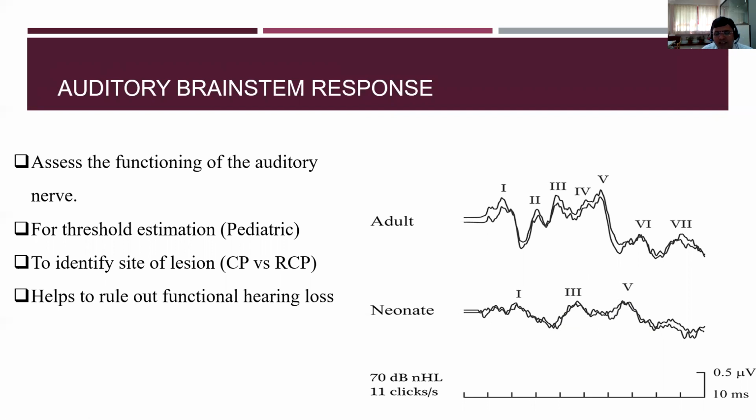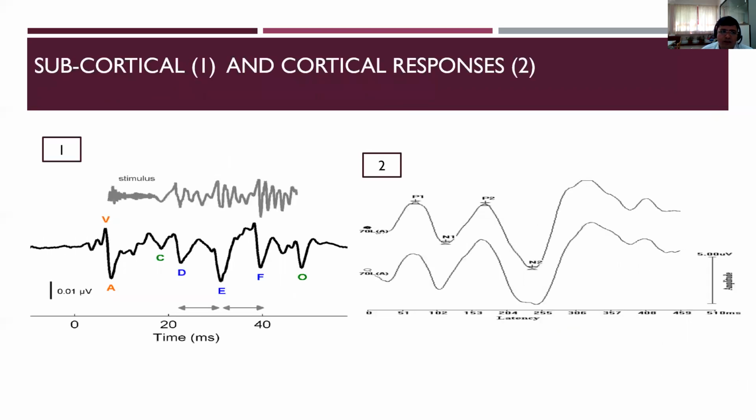This test is clinically useful in most cases wherever you are not able to estimate hearing abilities, hearing acuities, through behavioral or any other modalities. These two tests, subcortical and cortical responses, are not often used for clinical purposes, especially the subcortical or brainstem responses.